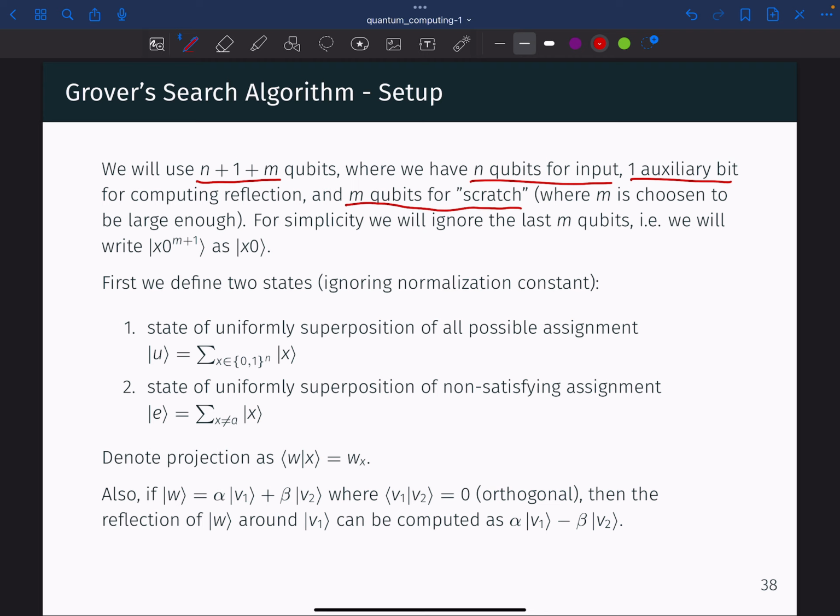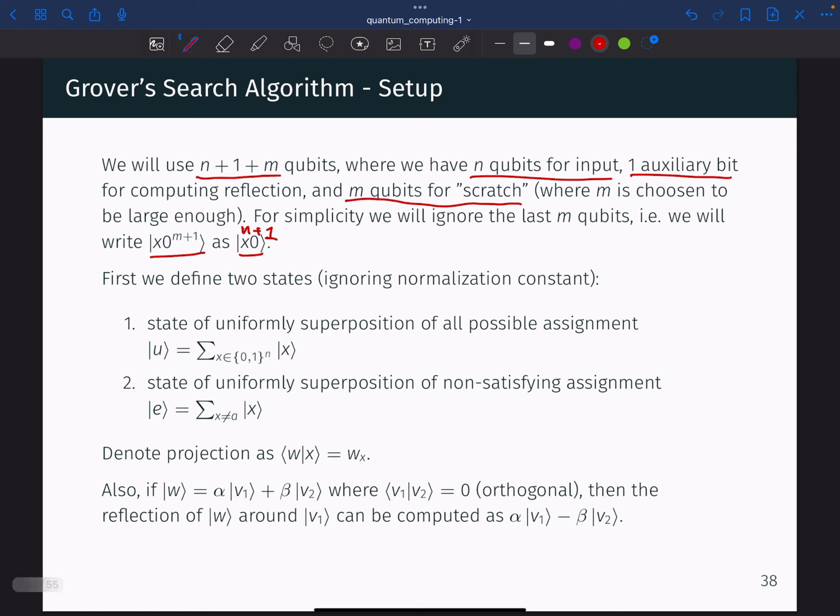The scratch space is needed for this bitwise operation to be unitary, i.e. reversible, so you'll be writing into this scratch memory. For simplicity, we'll ignore the scratch memory in all our algorithms to simplify the notation. So a state like this will just remove the last n bits because they'll be used for scratch, and we'll just write the first n plus 1 bits here.